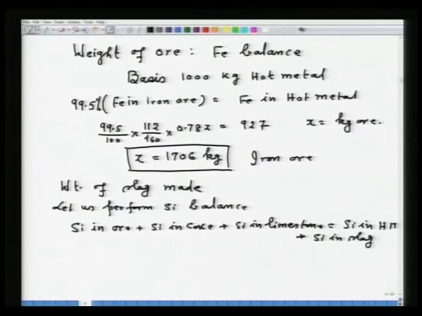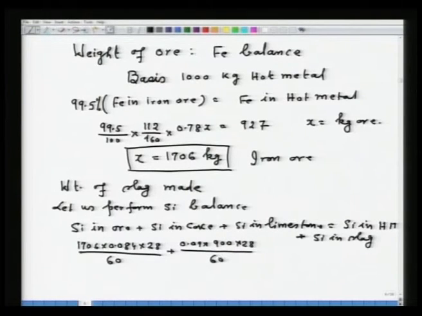So, if you do this particular balance, silicon in ore is 1706 into 0.084 into 28 by 60, silicon in coke is 0.09 into 900 into 28 upon 60, plus 1706 upon 4 into 0.02 into 28 by 60, because limestone is 1/4 of the weight of the ore.